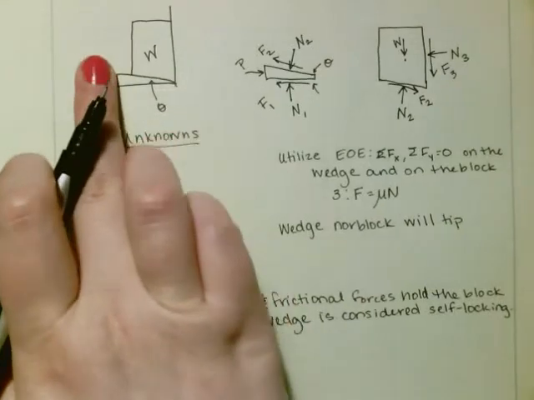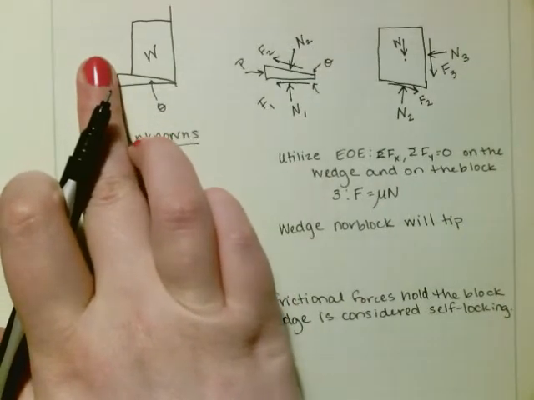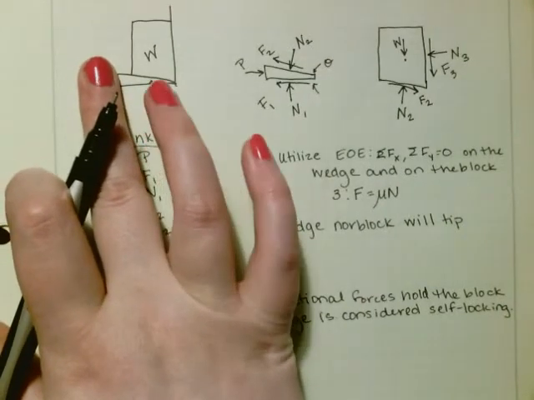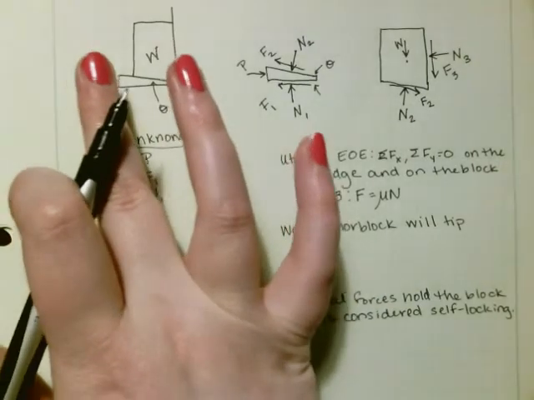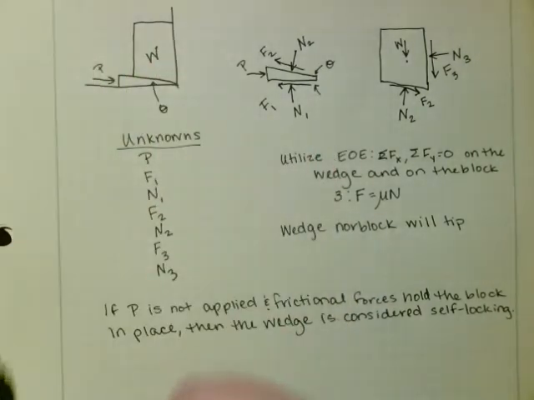So if you were to take away your force P, but it stays in this exact same position, then the frictional forces lock it into place. So it's self-locking. That's it.